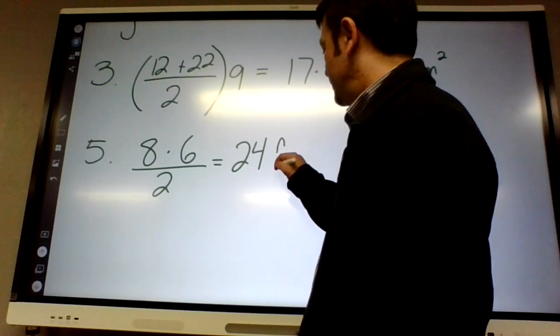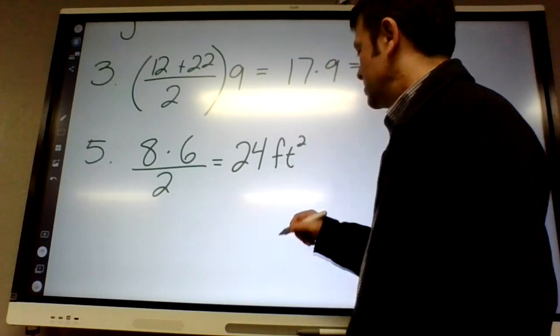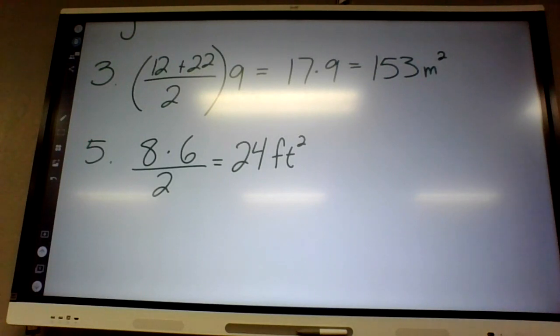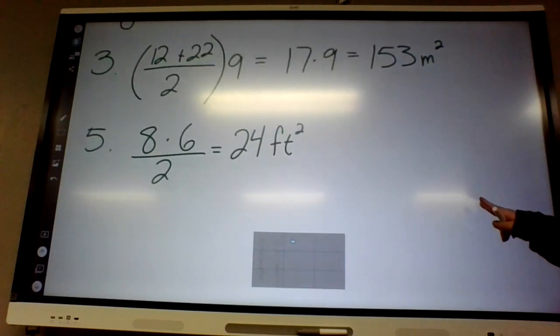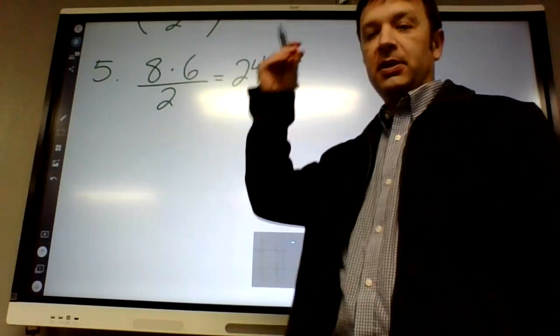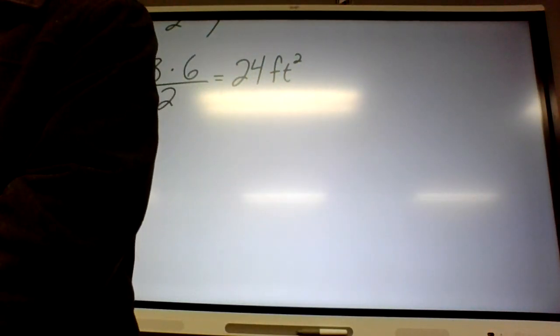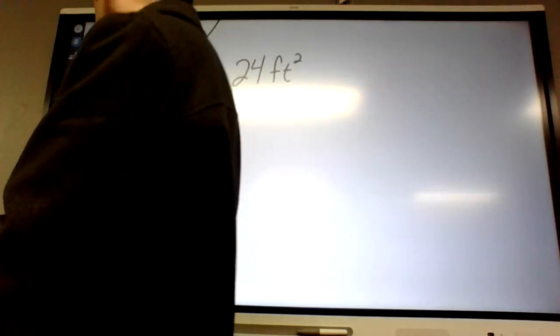And we converted to feet, so it would be square feet. In the other class I was going too fast, and I did not notice that they used different measurements. So we had to go back and fix it.